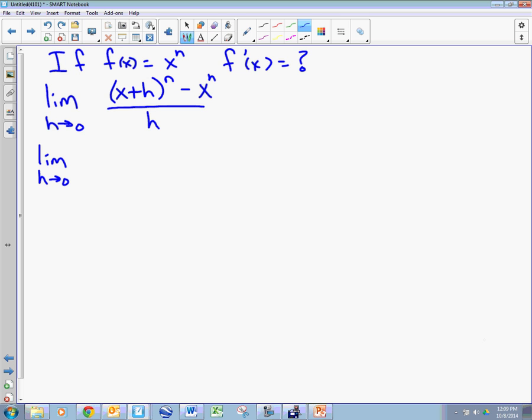If you notice, we have x plus h to the nth, so what's going to be the first term? X to the nth. Then, forget about the coefficient right now, x to the n minus 1 and an h. Then eventually we would have an x and an h to the n minus 1, and then an h to the n.